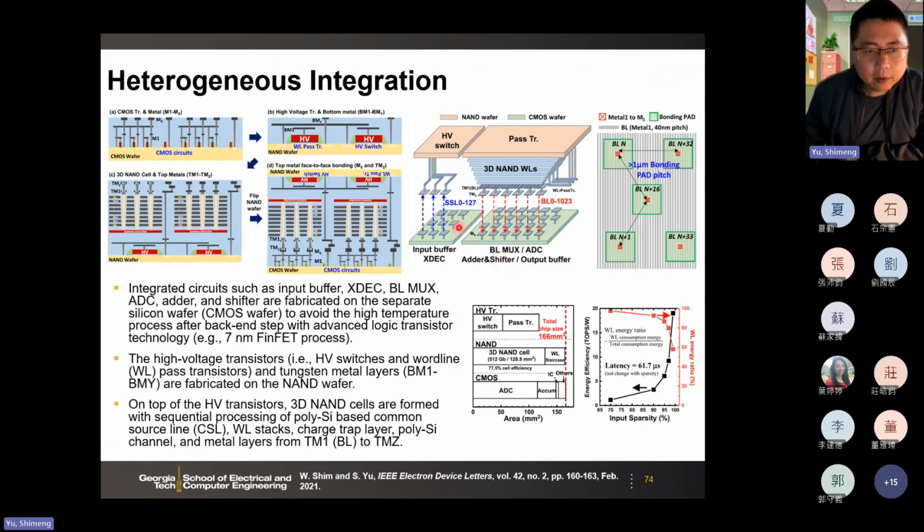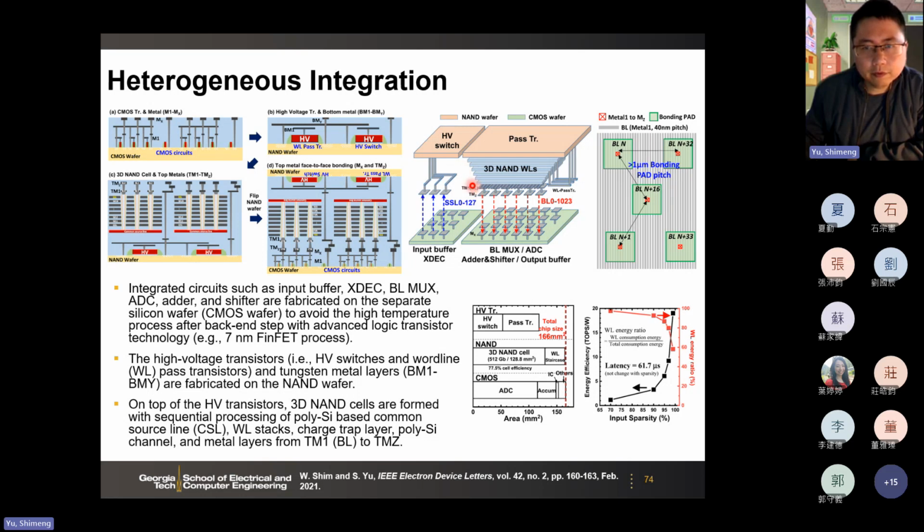And finally, I want to point out that 3D NAND is essentially a slow process. 3D NAND flash memory is much slower than DRAM and your processor. For the processing after the 3D NAND, we have peripheral circuits like ADC, registers, adders, timing control, and so on.